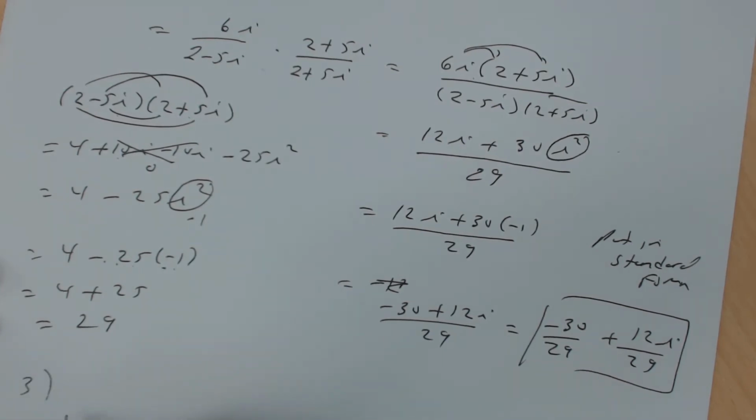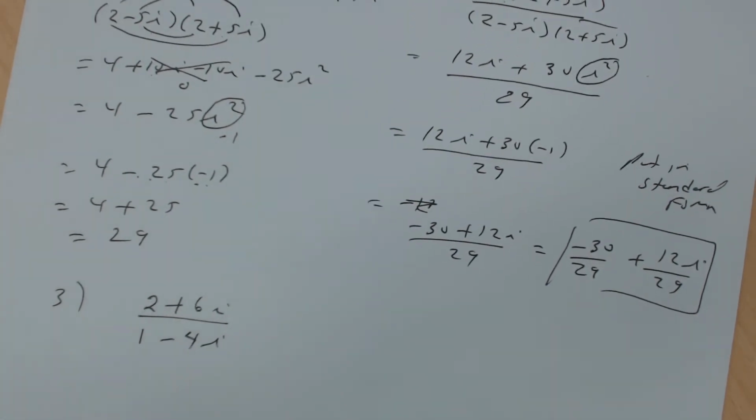Okay, number 3. Suppose we had 2 plus 6i divided by 1 minus 4i. Again, you want a real number in the denominator.